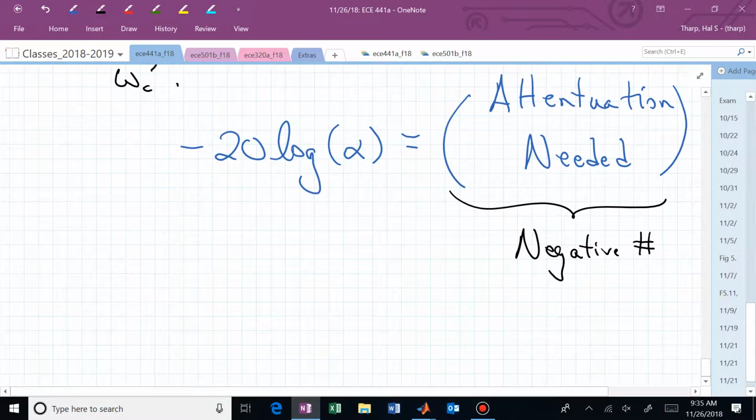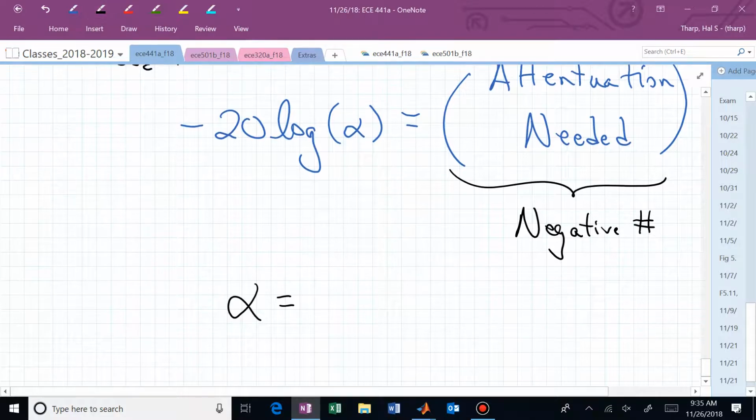And once we have the right-hand side as, let's say, minus 30, and we have the left-hand side, our only unknown is alpha, we can solve that expression for alpha. Alpha now is simply divide both sides by minus 20 and take the anti-log of both sides. We have alpha.